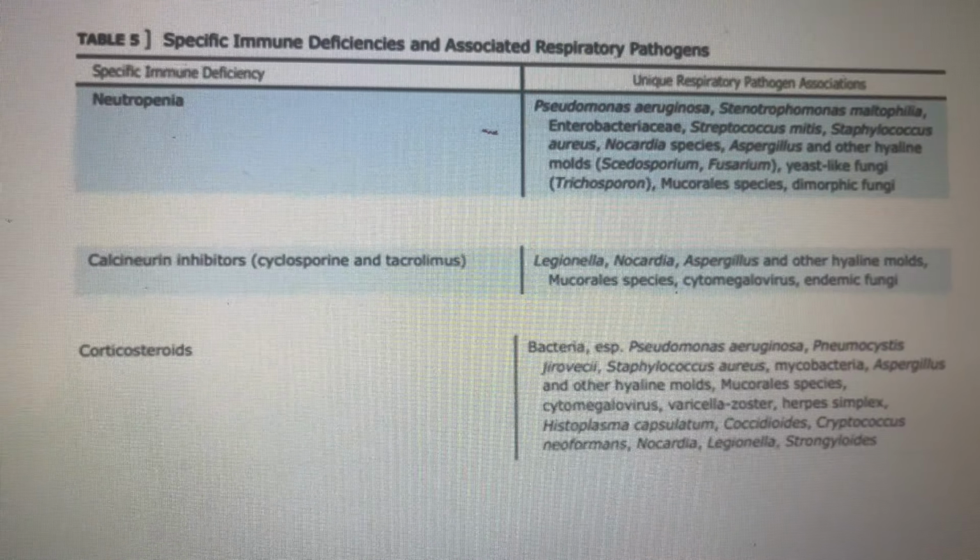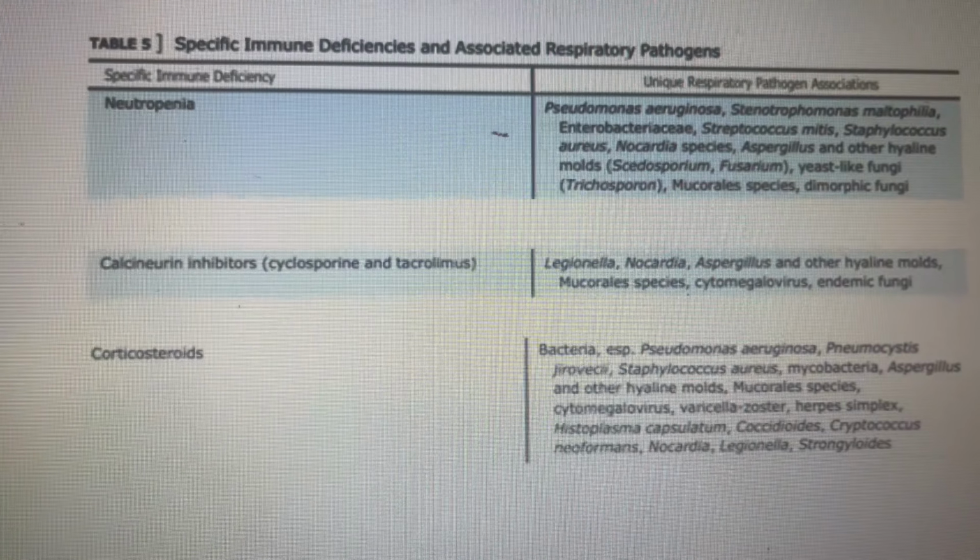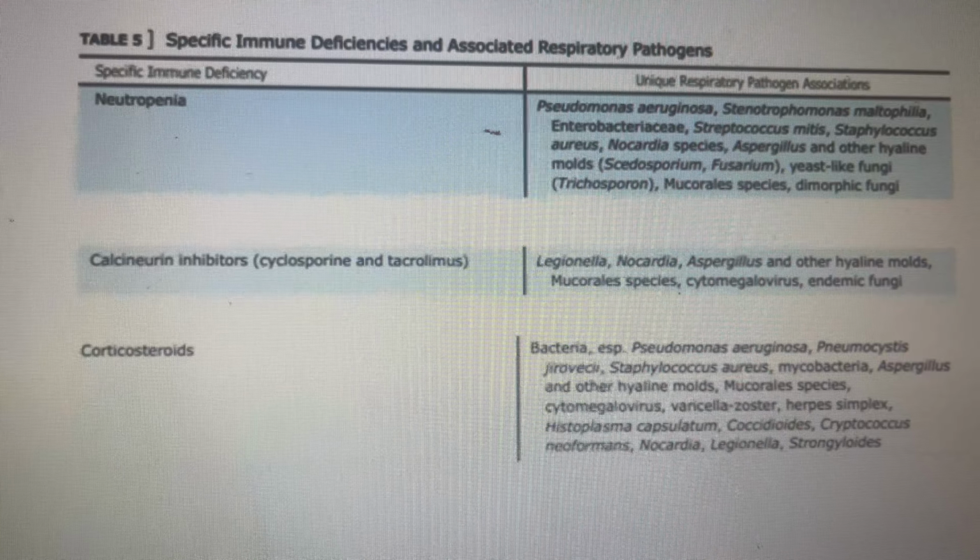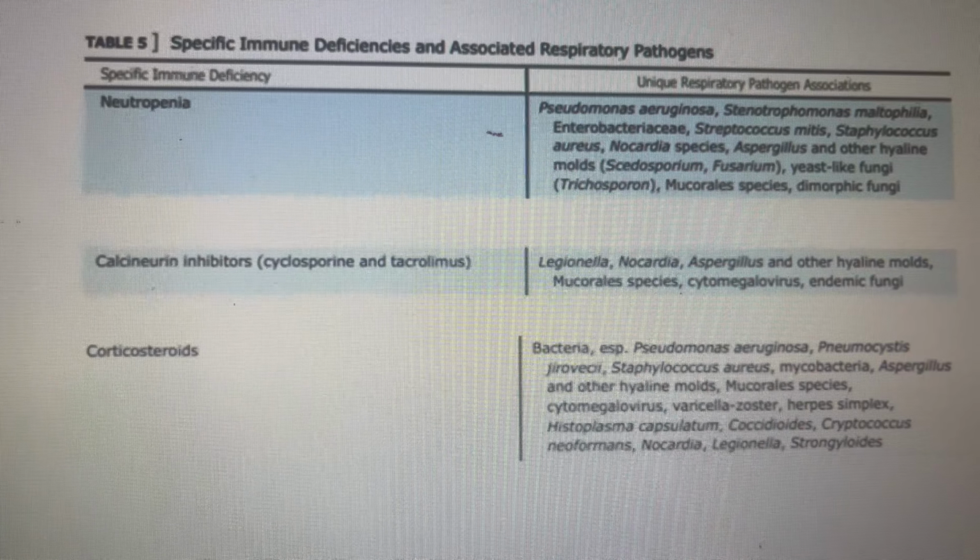Even in case of severity in immune compromised patients, we have to consider the other parameters like neutropenia.